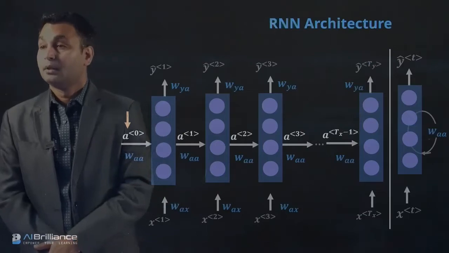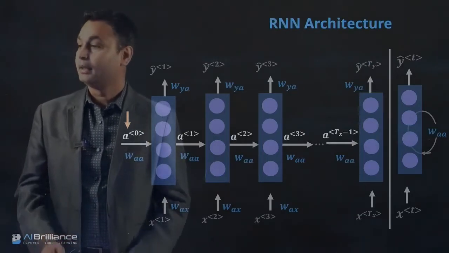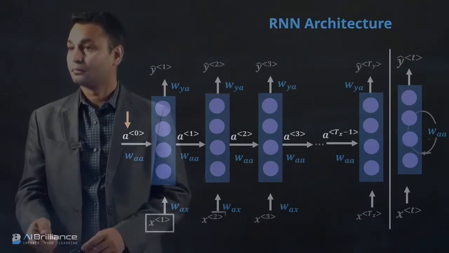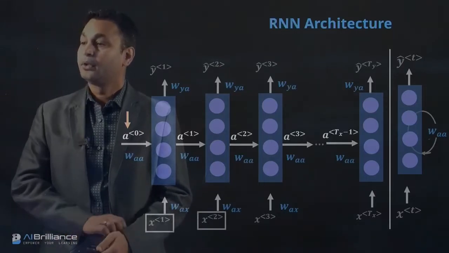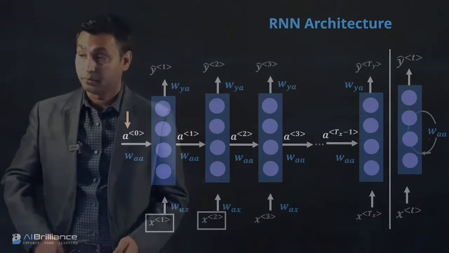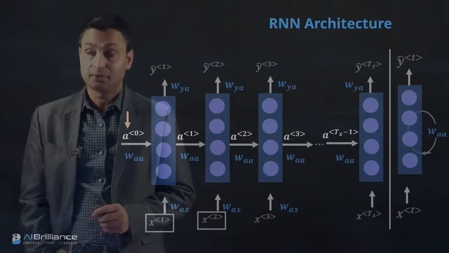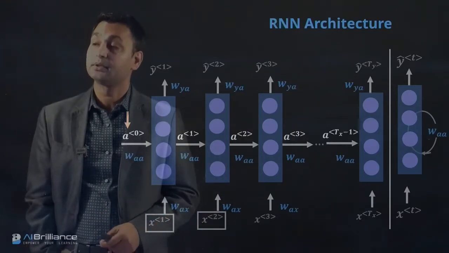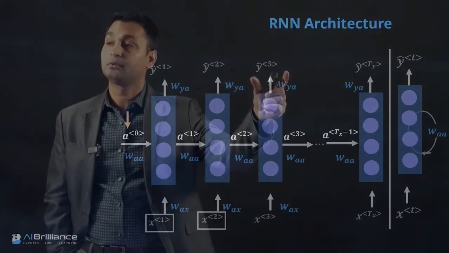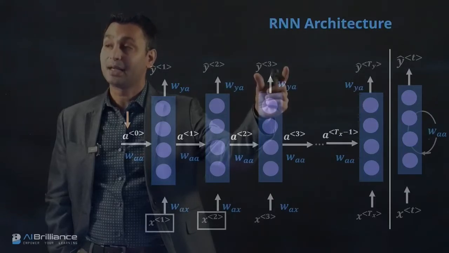Okay, so now let's move on. Here is one important thing that I want to mention. The important aspect you want to recall is, let's say I want to focus on output y cap 3.